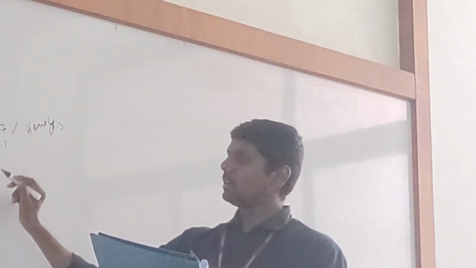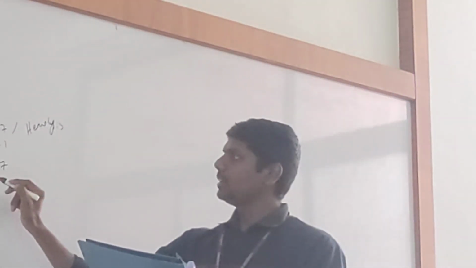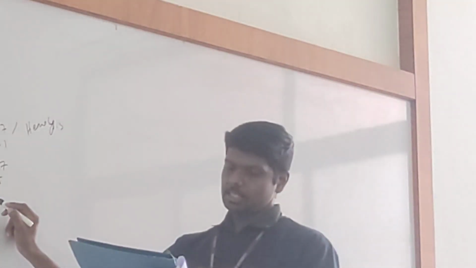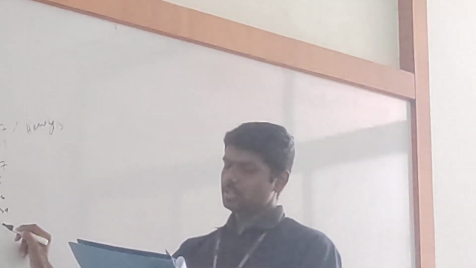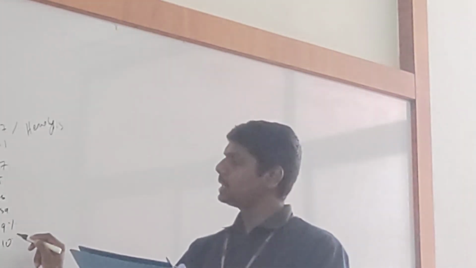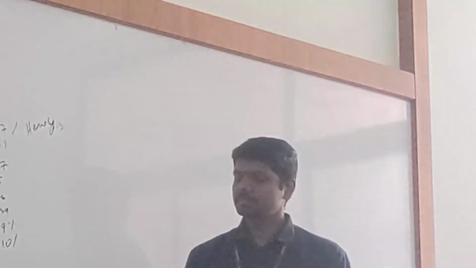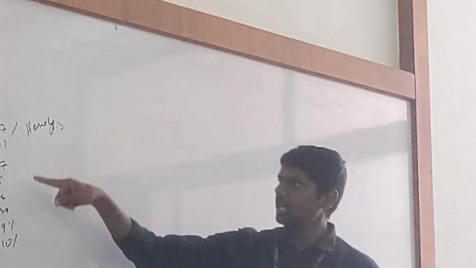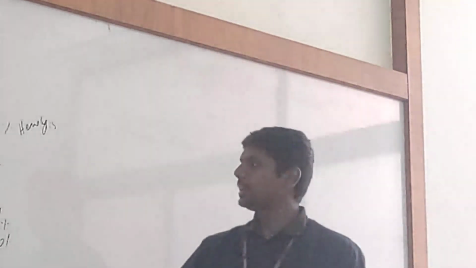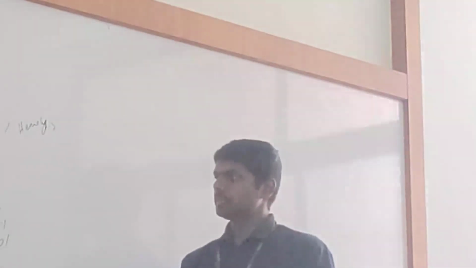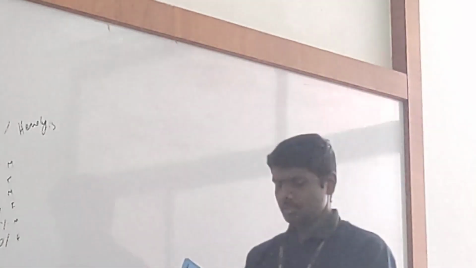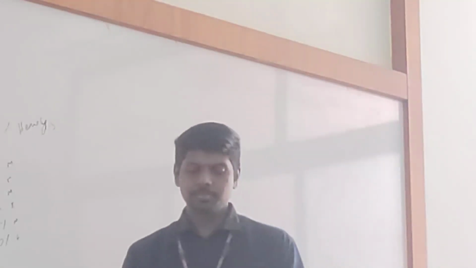Then the next values are 67 for males, 65 for females, then 36, 39, and 9.1 percent and 10 percent. Male, female, male, female. These are the values. So this is the result interpretation.